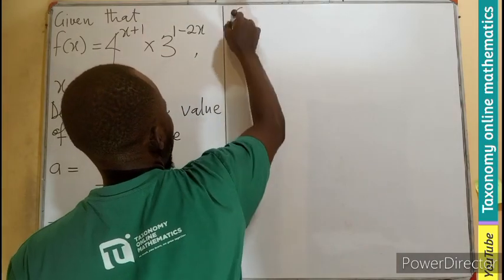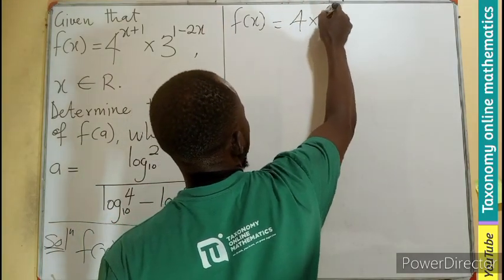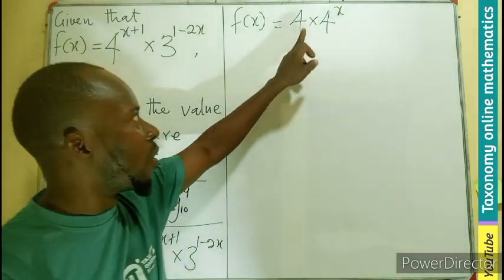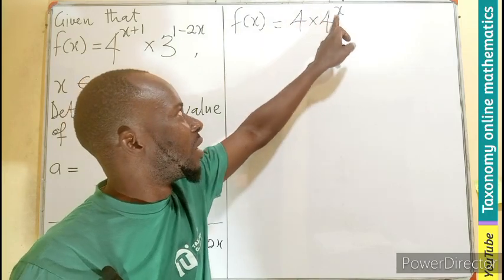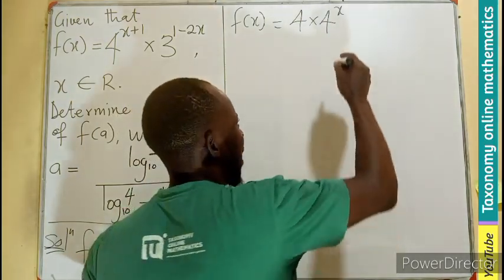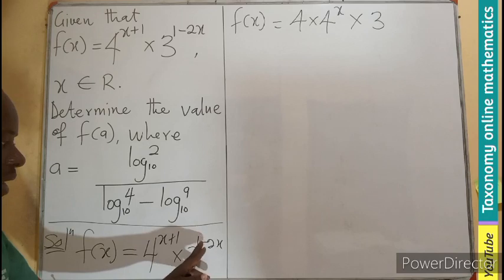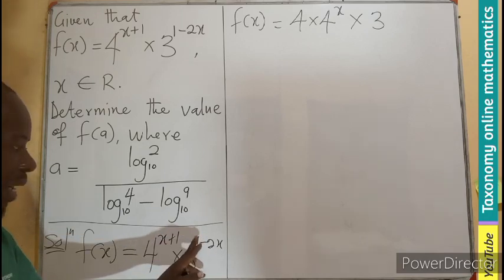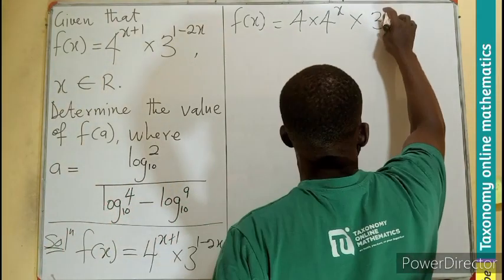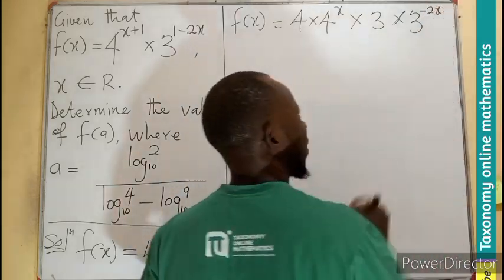So we can have f of x equals 4 times 4 exponent x, since they have the same base, we can add the powers. Then times 3 with the power 1 and 3 with the power minus 2x, so we have 3 times 3 exponent of minus 2x.